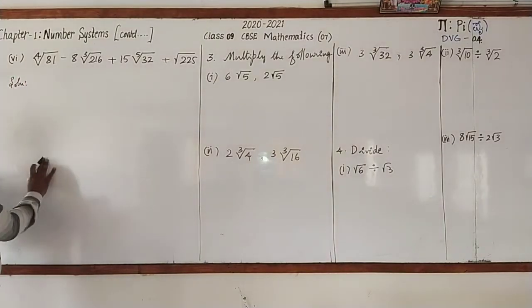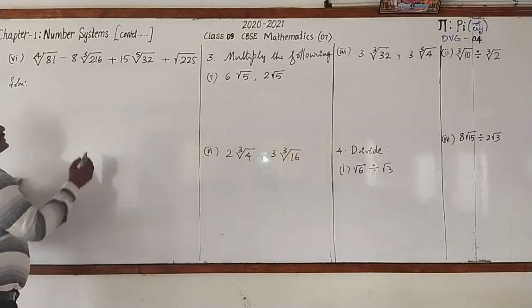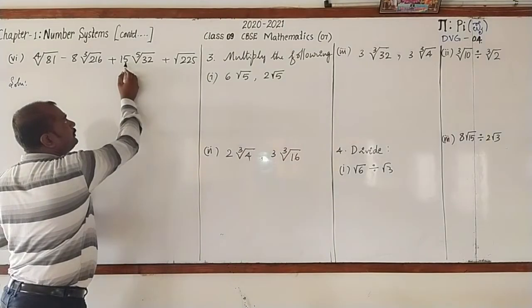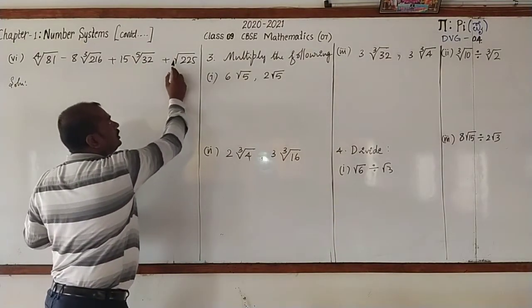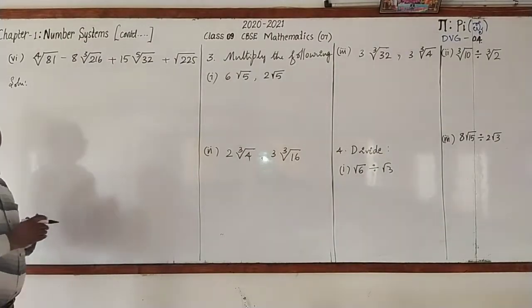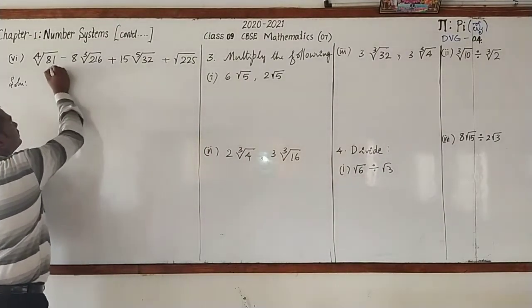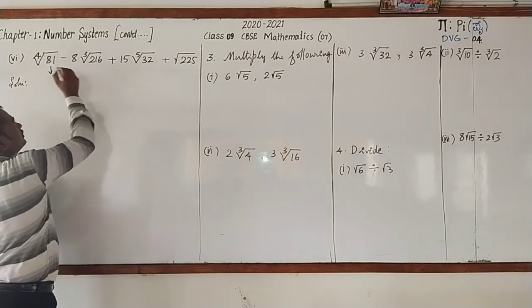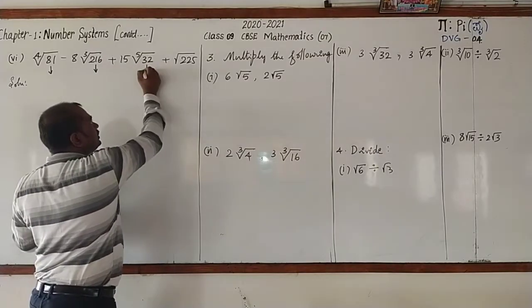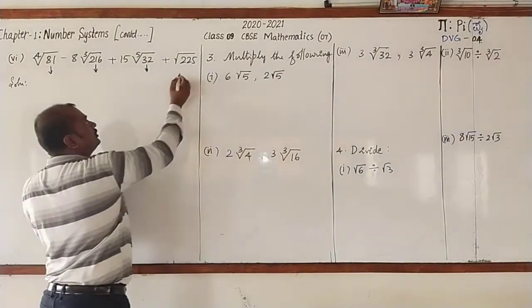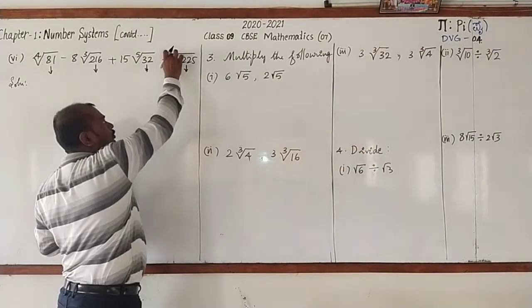4th root of 81 minus 8 into cube root of 216 plus 15 into 5th root of 32, plus square root of 225. See that when you observe these numbers, 81 with respect to order 4, 216 with respect to order 3, 32 with respect to the order 5, then 225 with respect to the order 2.